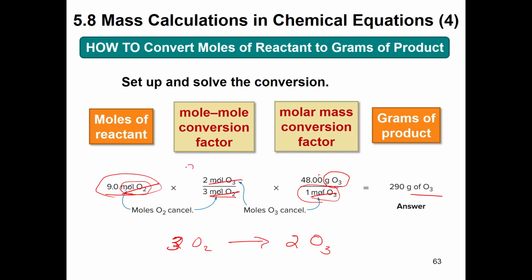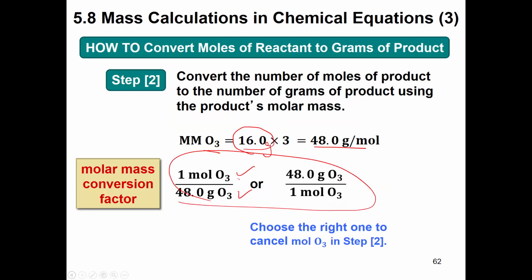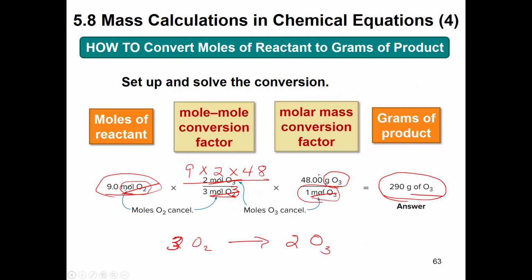And so 9 times 2 times 48, and then all of that divided by 3. Everything on the top divided by everything on the bottom, and your answer should be 290 grams of O3, and that's because there were 2 significant figures.